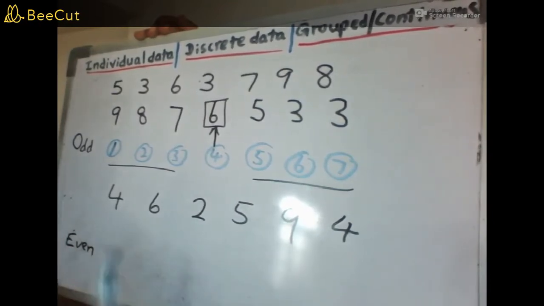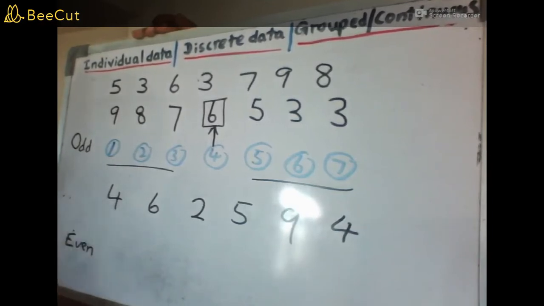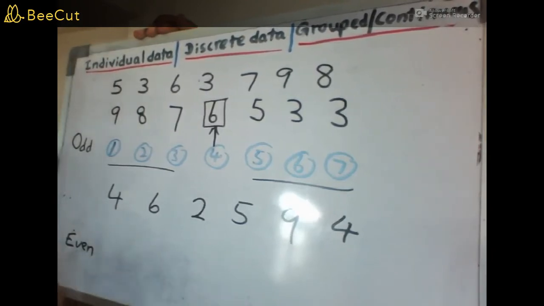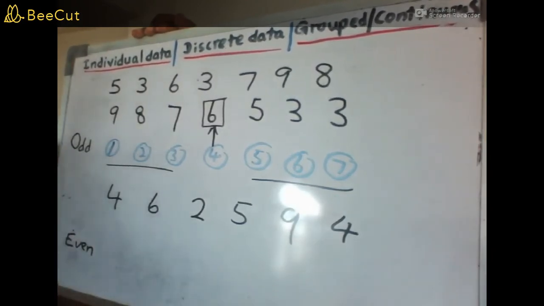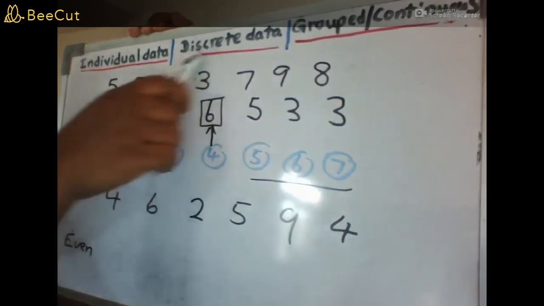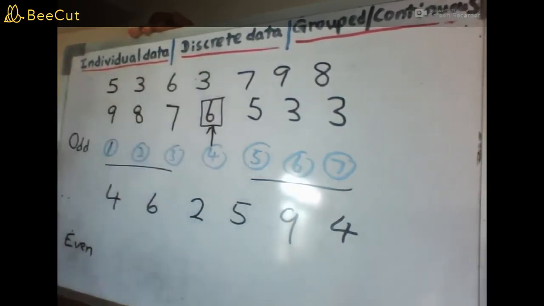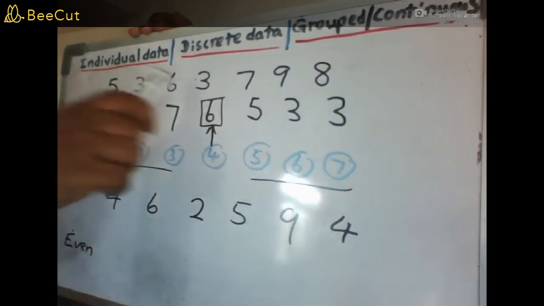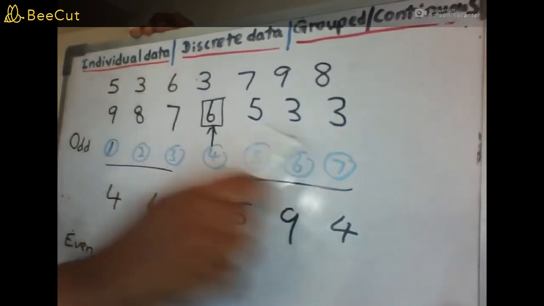Now, what's the first thing we have to do when we get a series of data? We have to arrange them. Don't forget it. Even in the MCQs, they will give 3 as an answer. Without arranging, the answer is 3, but you'll have to arrange.